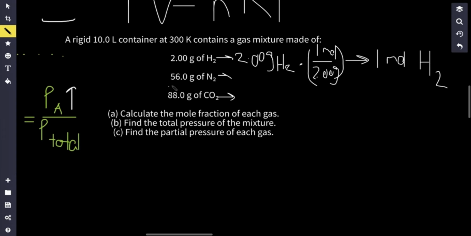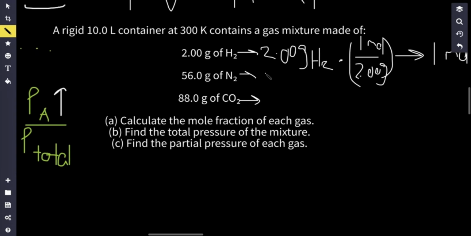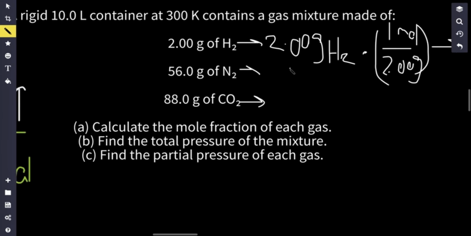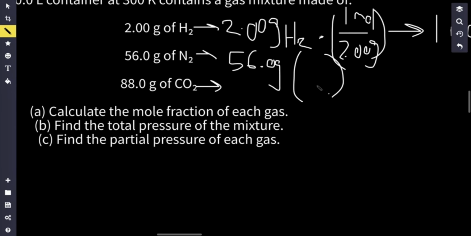If I have 56 grams of N2, what you have to realize is that for every 28 grams of N2 there is 1 mole, because the molar mass of N2 is 28 grams per mole.